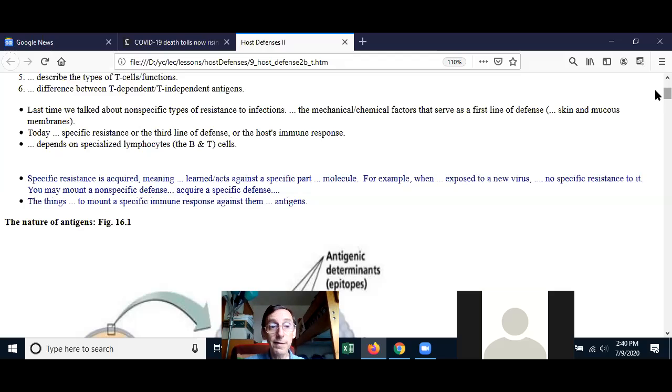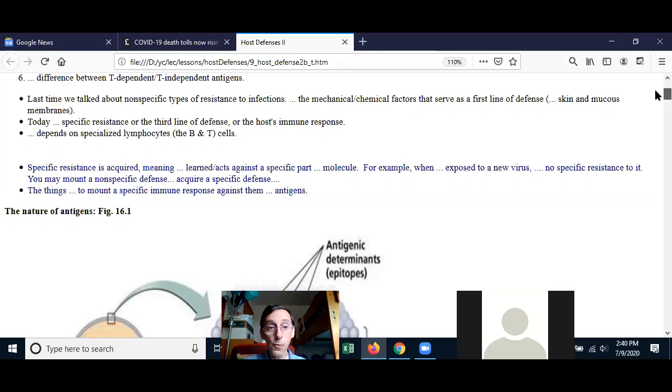When we say it's a specific defense, we mean that it is acquired, meaning the body learns to respond to that agent. For example, unless you've already been exposed to COVID-19, you probably have no specific defense against it, which is one of the reasons why it's so dangerous and why so many people can get it.